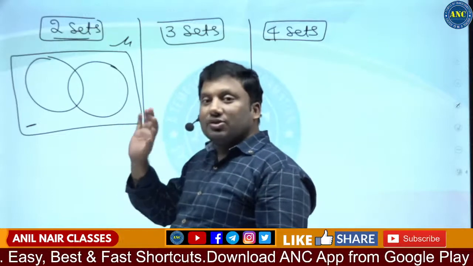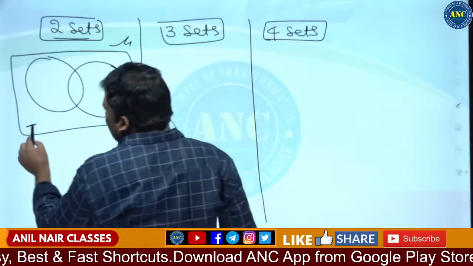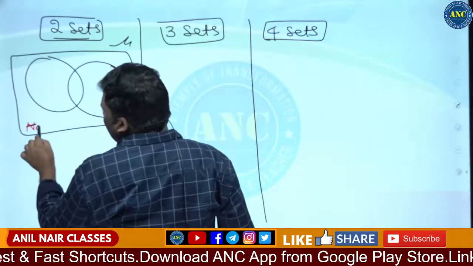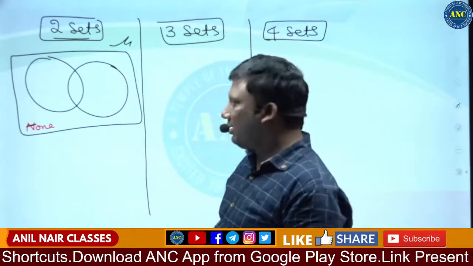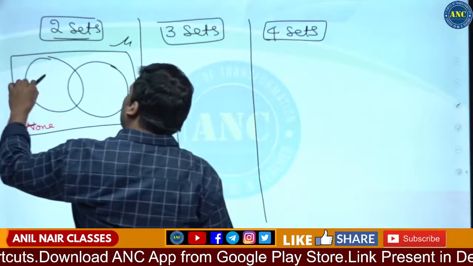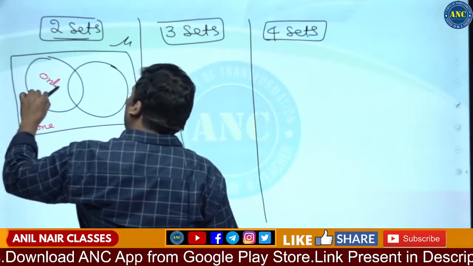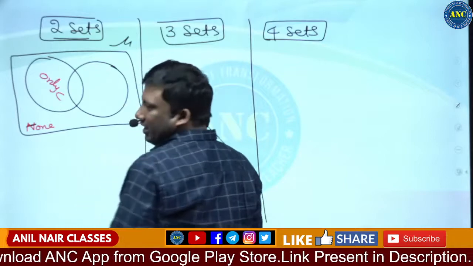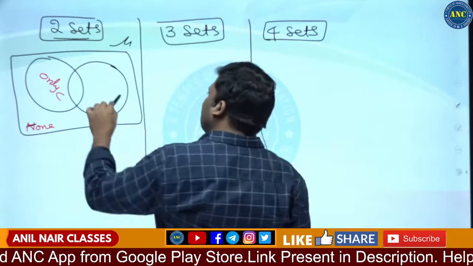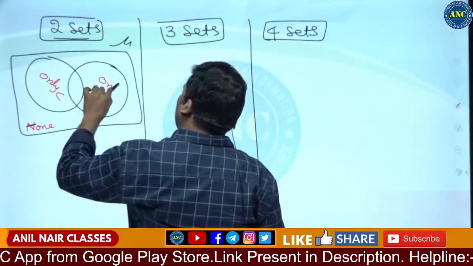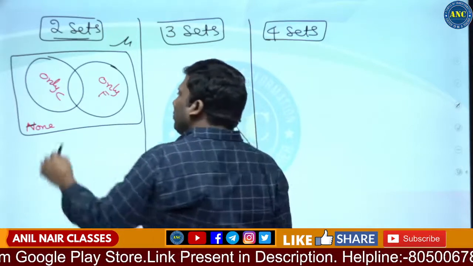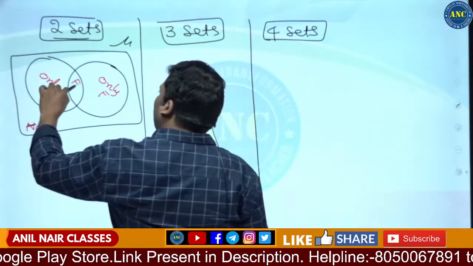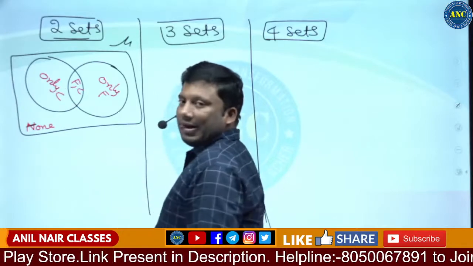This contains 4 regions. These are the students who do not like any sport, whether cricket or anything. These are the students who like only cricket. These are the students who like only football. These are the students who like football and cricket.